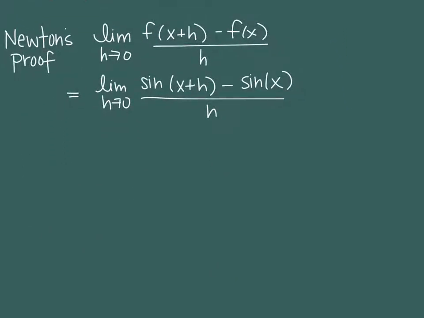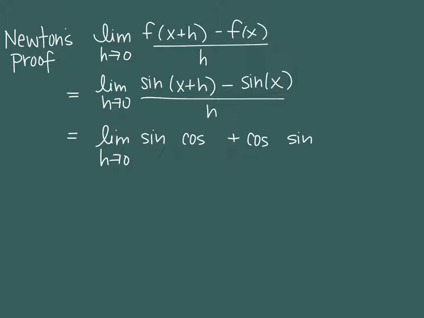Now we have the sine of x plus h. That requires the cheer because it's the addition of x and h together. And so we would need to expand that using the cheer that we just reviewed. So this is going to go sine, cosine, cosine, sine. So it'll be sine first, cosine second with no sign change, and then cosine next and sine second, again with no sign change.